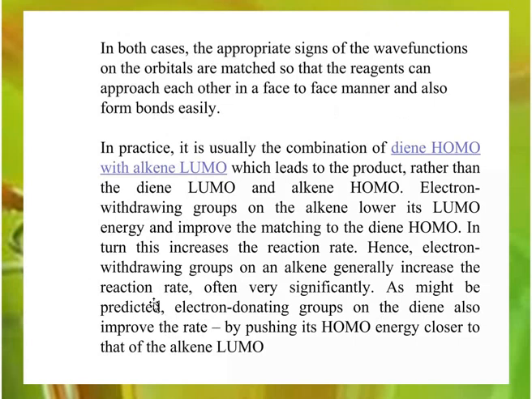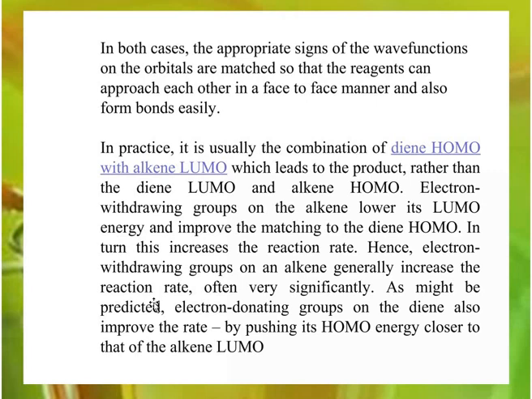So in both cases, the appropriate signs of the wave functions on the orbitals are matched so that the reagents can approach each other in a face-to-face manner and also form bonds easily. So in practice, it is usually the combination of diene HOMO with alkene LUMO which leads to product rather than diene LUMO and alkene HOMO.